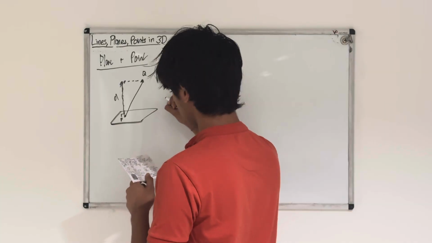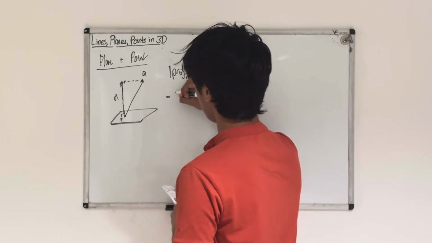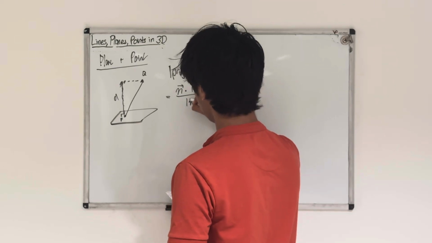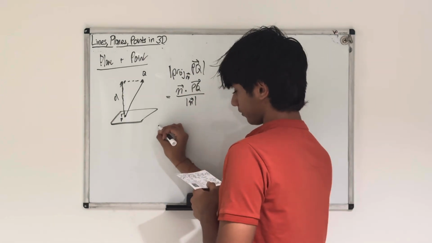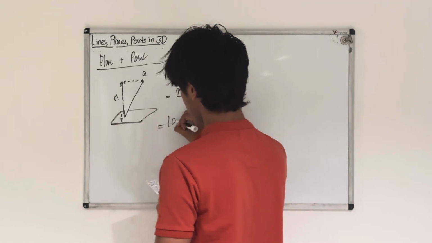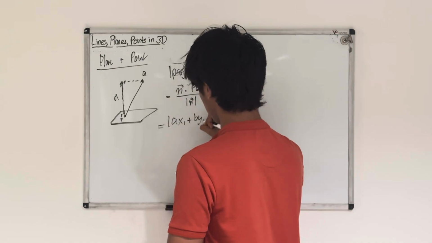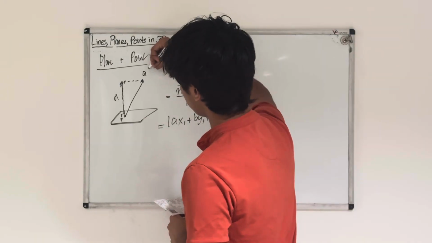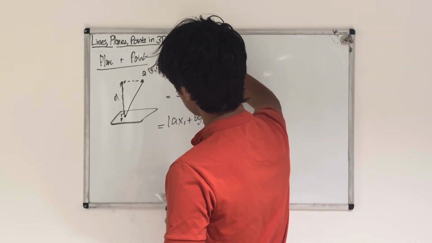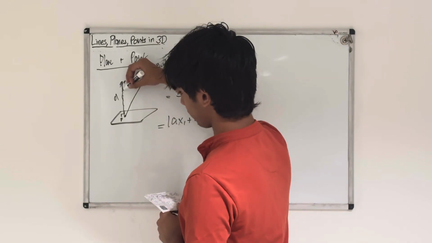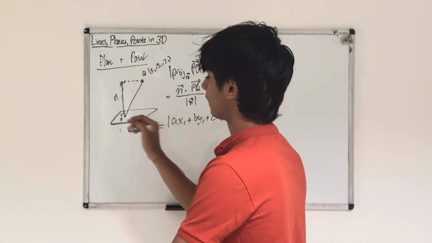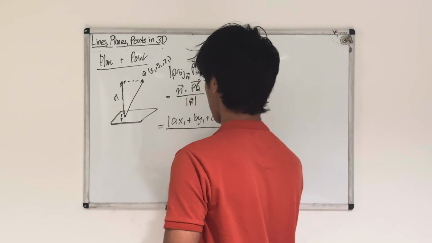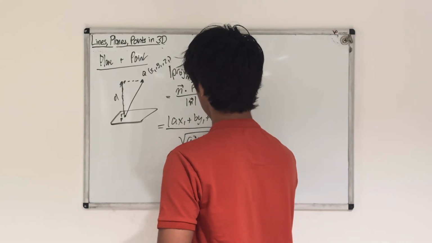In this case, if we write the projection now, it's the dot product of N and PQ divided by the magnitude of N. That is also equal to the absolute value of AX1 plus BY1 plus CZ1 minus D, where x1, y1, z1 are the coordinates of the point Q, ABC are the components of the normal vector, and D is the value for the plane, divided by the magnitude of the normal vector, which is the square root of A squared plus B squared plus C squared.